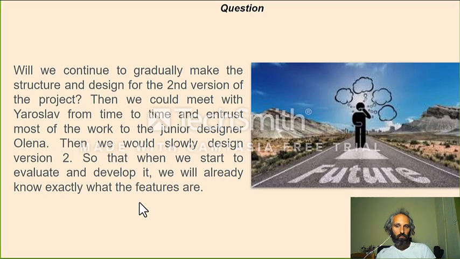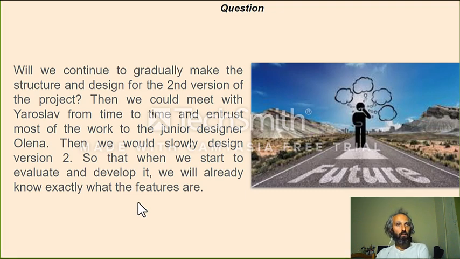So then we would slowly design version 2, and when we start to evaluate and develop it, we will already know exactly what the features are, and it helps us, and I think it helps investors to understand what results they can see in future.